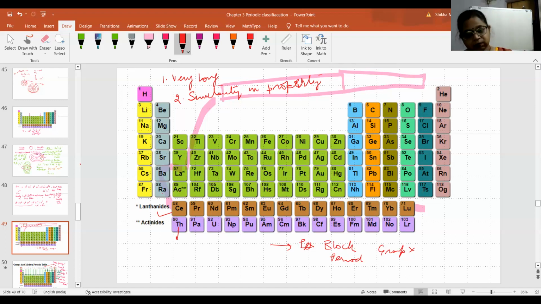I don't remember whether I told you earlier that periodic classification was a chapter of class 10. So whenever any teacher teaches class 11, they have a certain inbuilt assumption that the students must know about this.